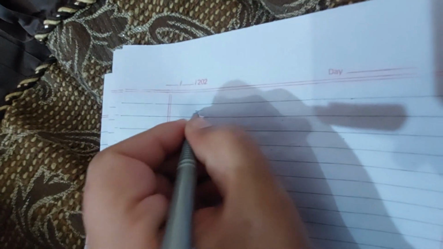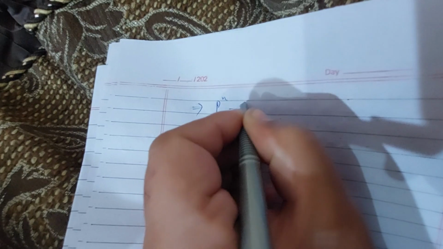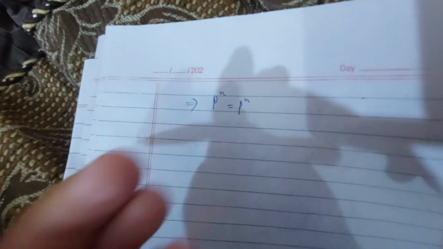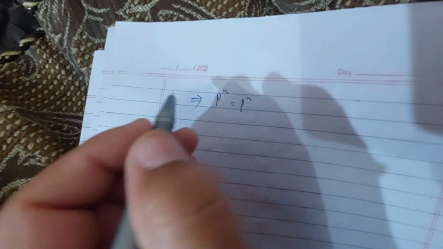Now to prove this theorem, actually the theorem says that the probability of the nth transition is equal to the nth power of the probability matrix.